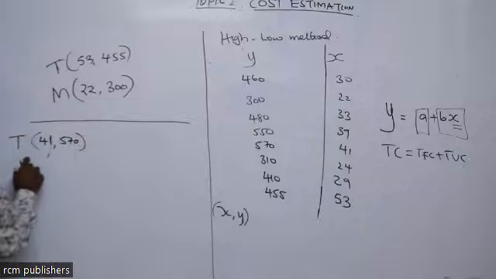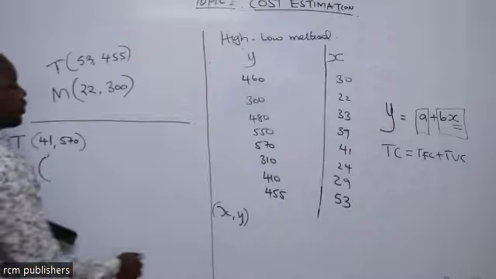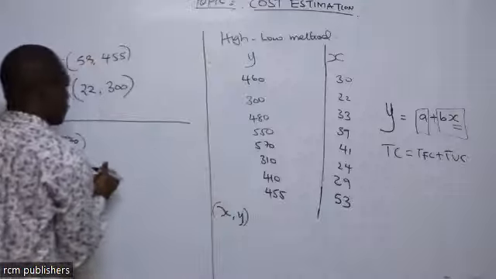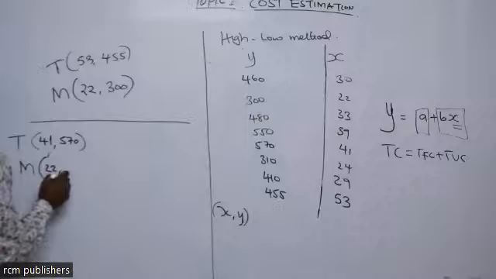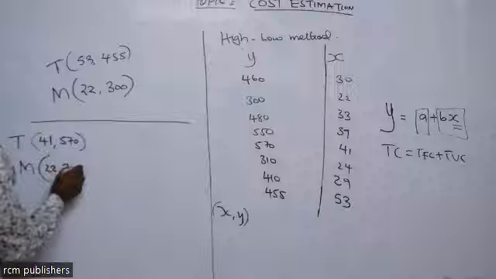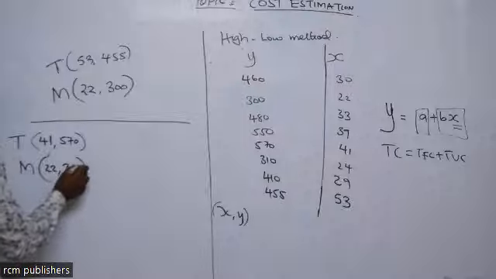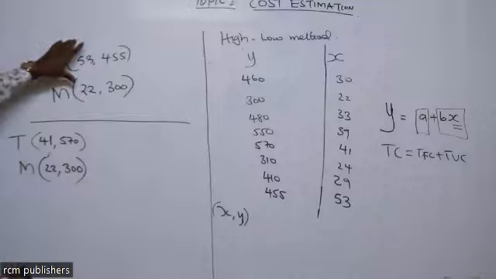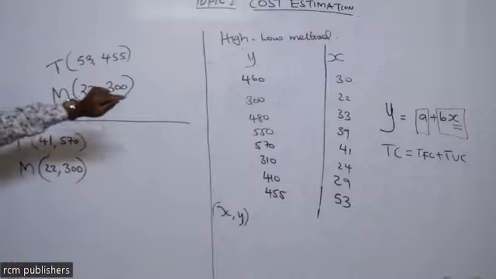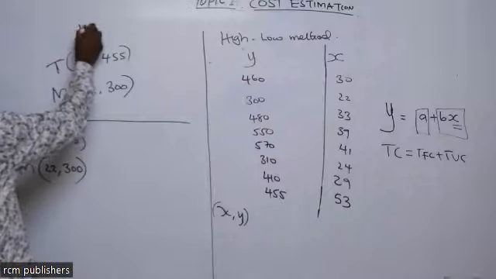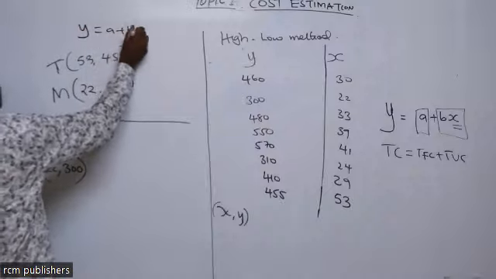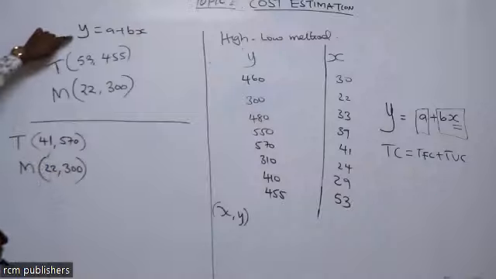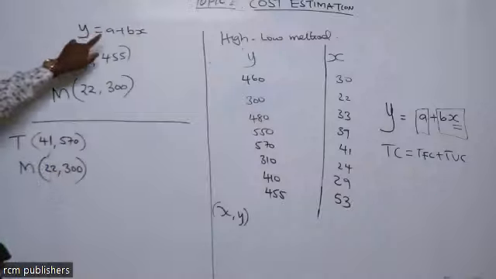They take their lowest, look for the lowest value here, get it as 300, so it will be the same, 22, 300. So group A will take this to work out and get their cost function, which is y equal to a plus bx. Team B will also use this to calculate their y equal to a plus bx.